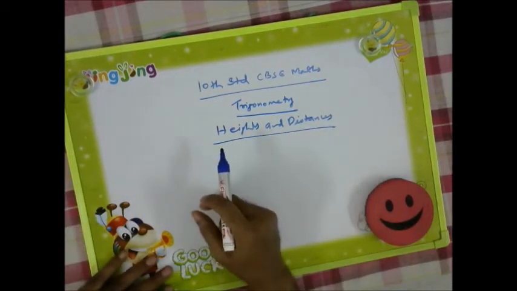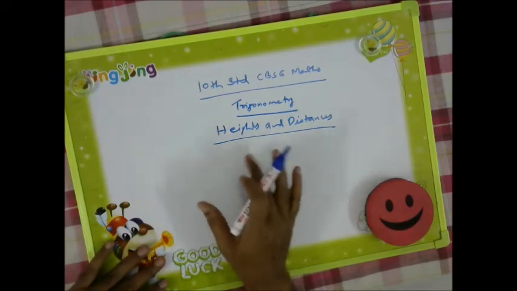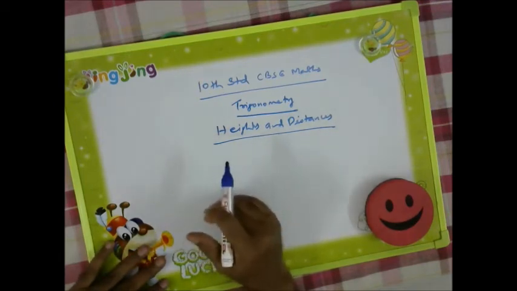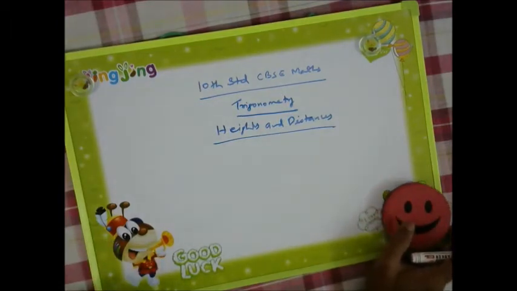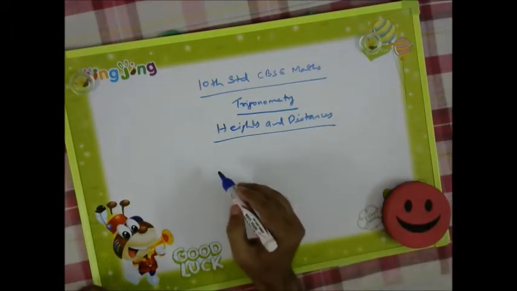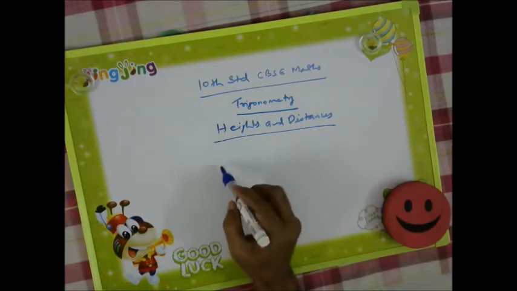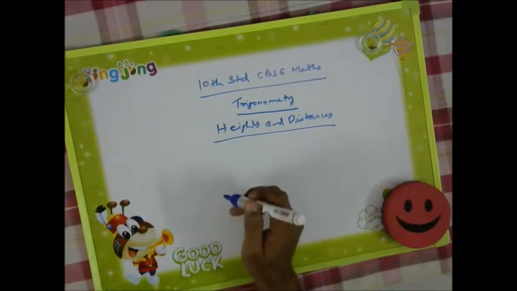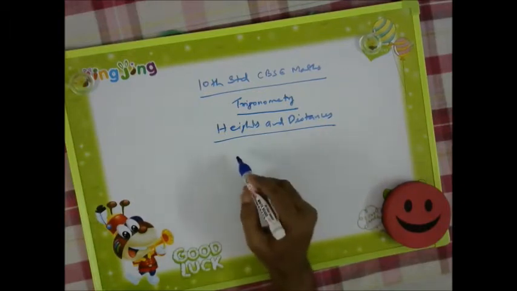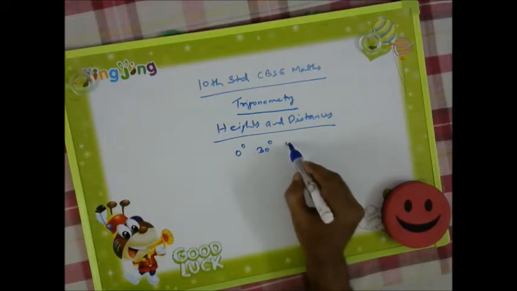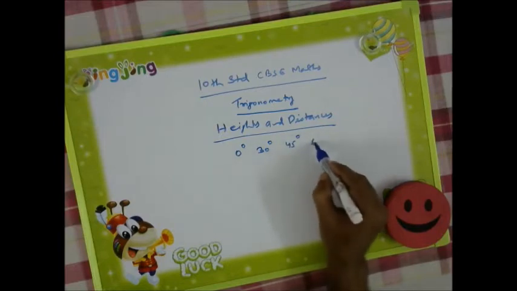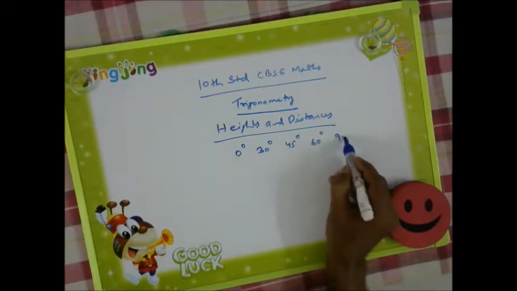To discuss questions related to heights and distances, we need a thorough understanding of the values of trigonometric angles. The popular angles are 0 degree, 30 degree, 45 degree, 60 degree, and 90 degree.